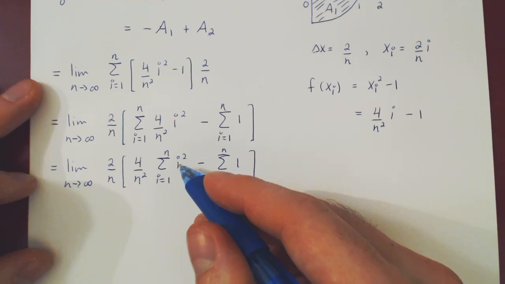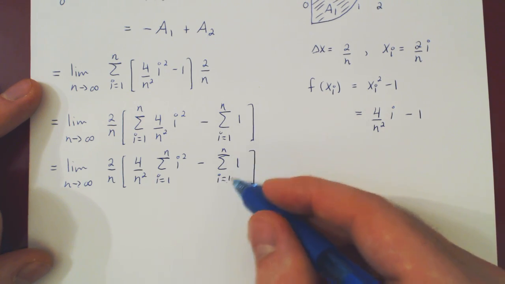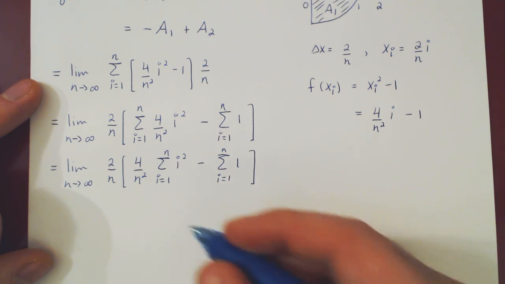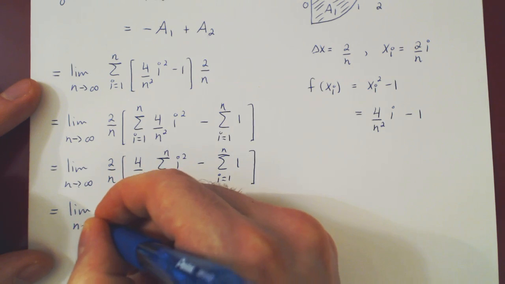And then we find ourselves with at least two of our fundamental sums, right? The sum of 1 we can sum, the sum of i squared we can sum, so let's replace each sum by its respective shortcut formula.